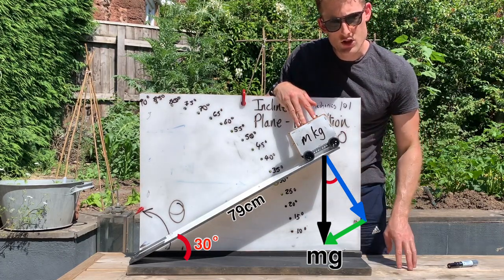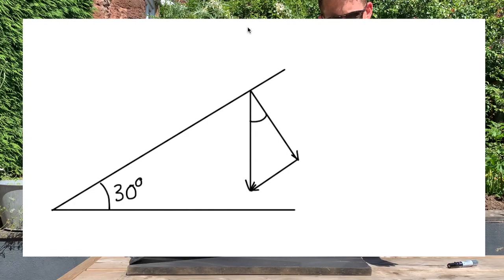I'm going to very quickly show you why. Our angle here is 30, and this angle here on our components of forces must also be 30. This is because if I extend this line down, I have a 90-degree angle here. That makes this angle in here 90 minus 30, so in this case, it is 60.